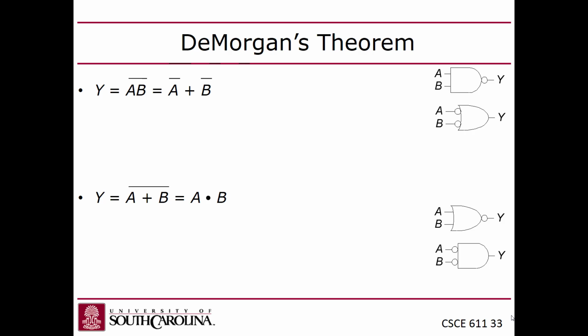You guys with me? This is a mapping problem. So it is more common in CAD tools to use these rules not necessarily to minimize the number of gates, but to limit the number of inputs on an individual gate.